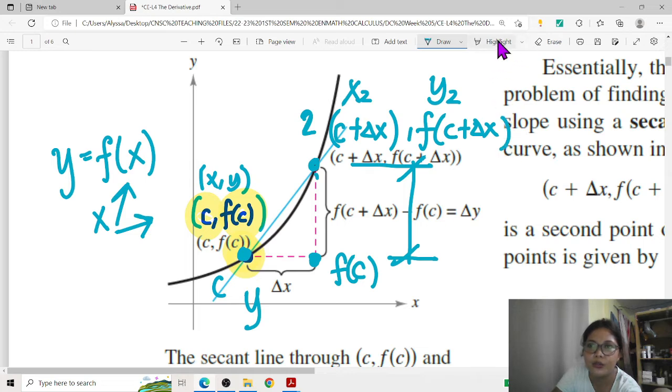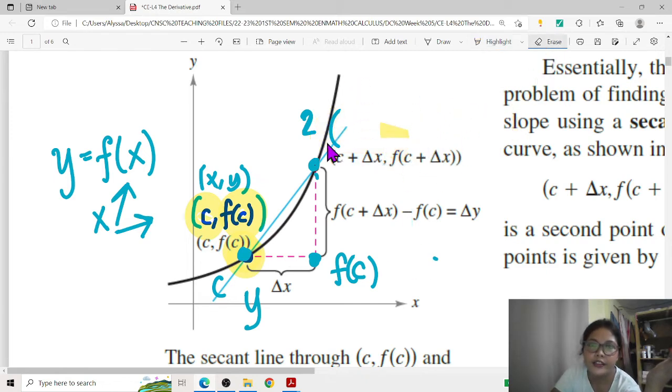Ibig sabihin lang nitong denotation na to, itong x variable mo na c plus delta x, pag nag-substitute ka dyan ng any value of x, yun na rin yung kapartner na y value, which is now a function of x, and that is an independent variable with regards to x's and y's, which I introduced from the beginning of the topic. So, sa makatuwid, ang x2 saka ang y2 ay ito na rin, c plus delta x, and then your y2 is a function of x, c plus delta x.